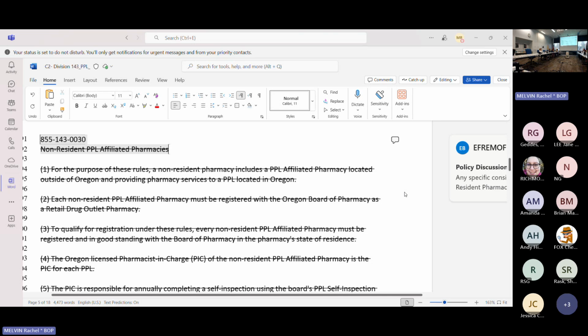I think that's maybe an extreme concern. I think it's a valid concern to think through, but I think it's probably not very likely. But if there was an out-of-state pharmacy, say in Florida, and they wanted to use a prescription locker and they have their resident license and they have their PIC licensed, to me, it is the same as that prescription being... this is about giving the patients the preference of where they want to pick up their prescriptions from their pharmacy of choice.